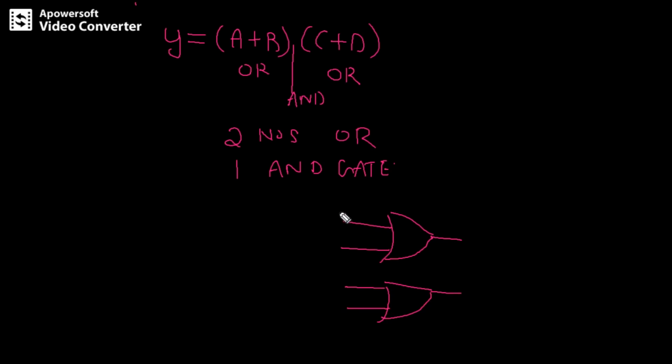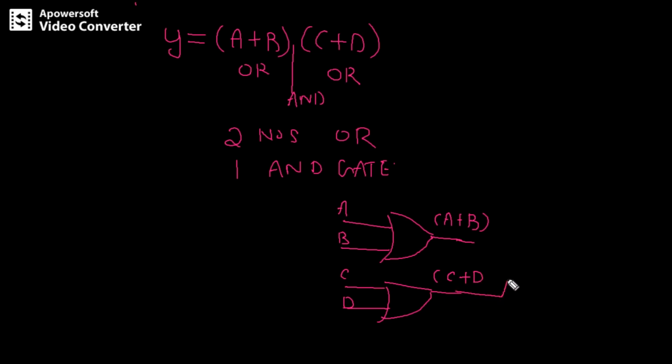So let me name the inputs here. This is A, this is B, this is C, and this is D. This is the output of this OR gate, that is A plus B, and the output of this OR gate is C plus D.